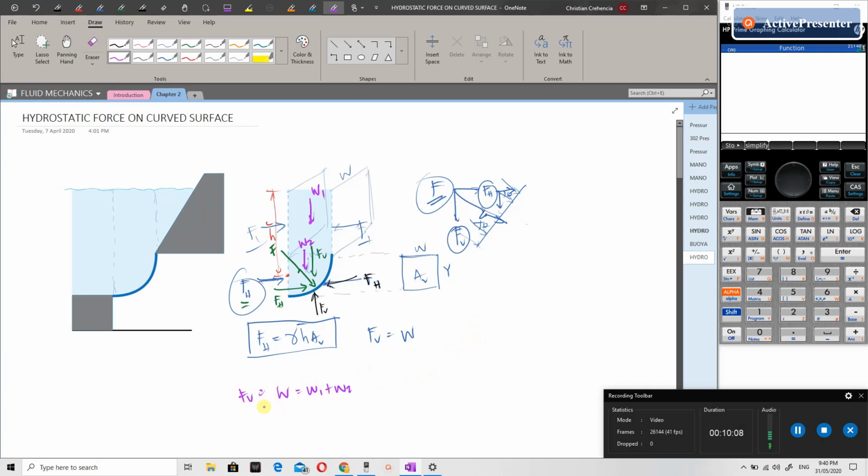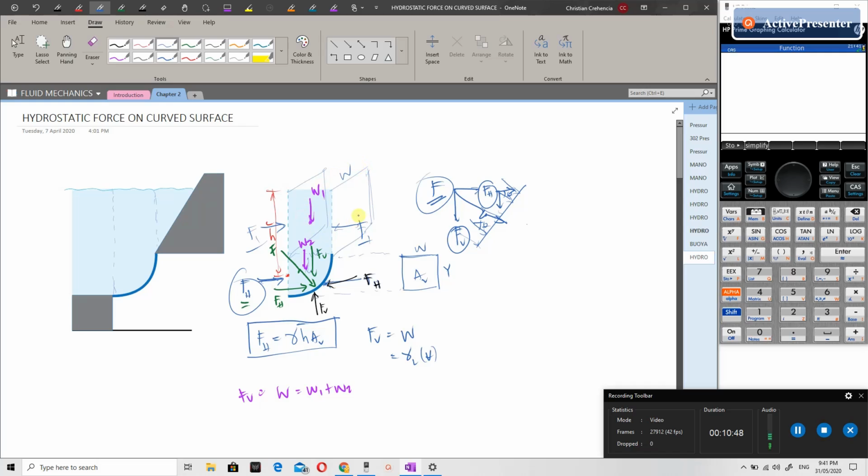So, how do we get the weight? Okay. So, we have unit weight. So, the liquid should have a unit weight. So, unit weight of the liquid times the volume. So, how do we get the volume? So, of course, it depends on the shape. So, in this case, we have volume 1, which is the height, consider this the length and the width.